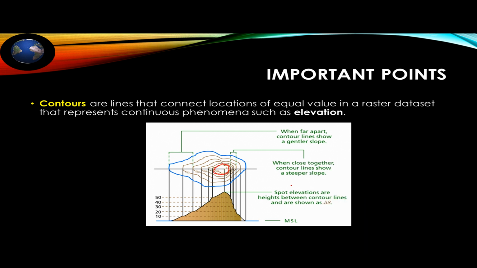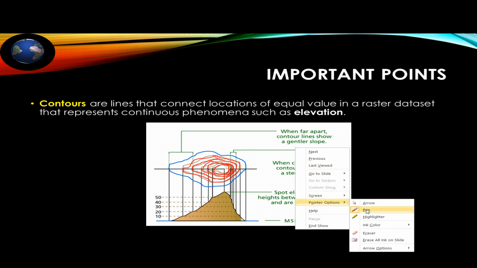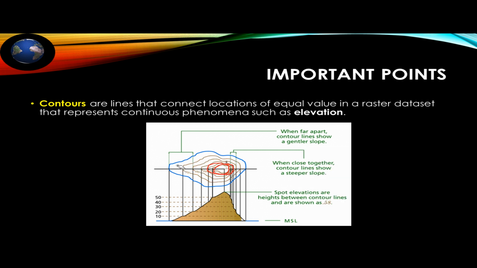This 50-meter elevation is the same contour line, then 40 meter, then 30 meter, then 20 meter, then 10 meter elevation. Sorry, my pointer is not going appropriately, but I hope it is clear to you. So these are called contour lines of equal elevation.